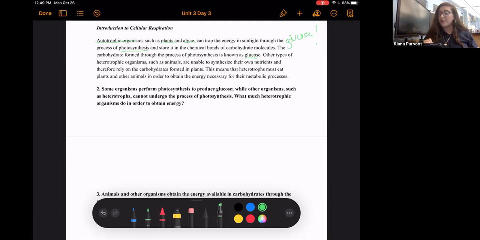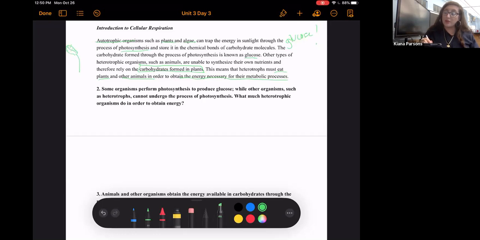Other types of heterotrophic organisms, such as animals, are unable to synthesize their own nutrients and therefore rely on the carbohydrates formed in plants. So we have to eat plants in order to live. This means that heterotrophs must eat plants and other animals in order to obtain the energy necessary for their metabolic processes. So green plants can synthesize their own glucose.